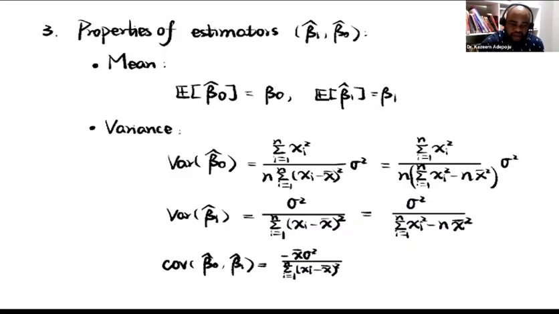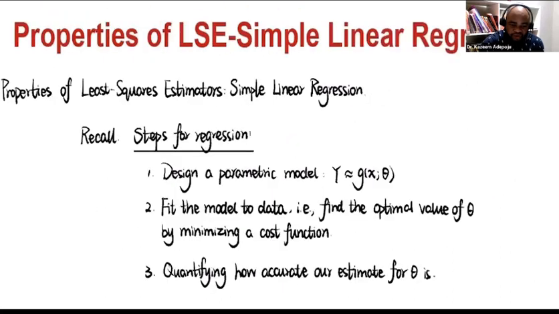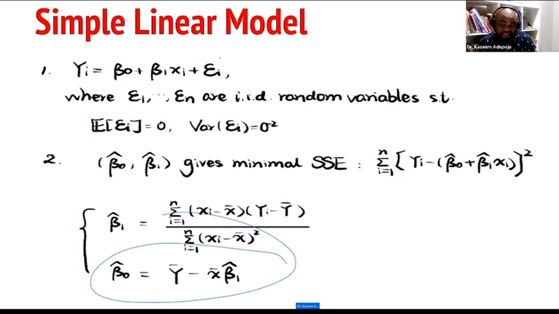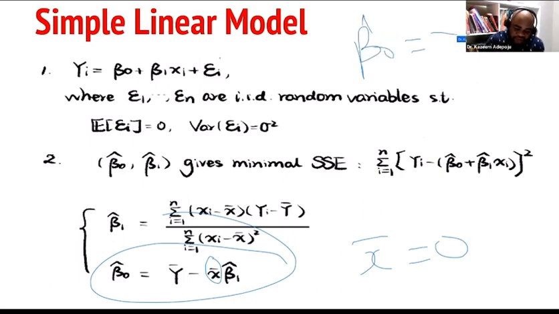If you go back here, you're actually going to see they depend, which means if I want to find beta naught cap, I need to have beta 1 cap first. But the only condition under which they don't depend is when x bar is 0. If x bar is 0, what is going to be your beta naught cap? Your beta naught cap is just going to be the mean of y.